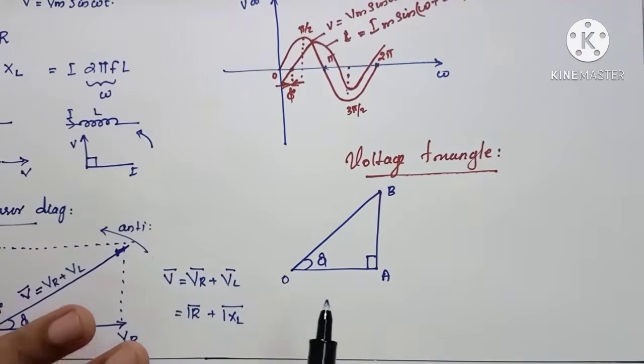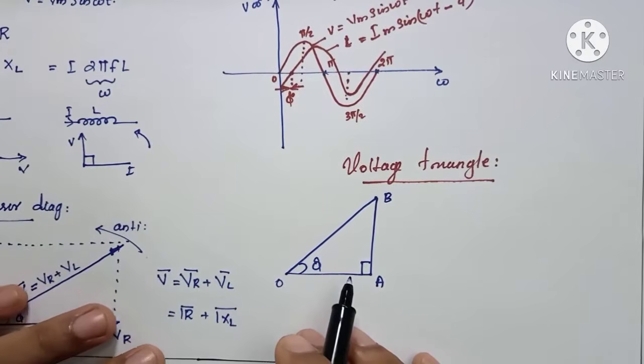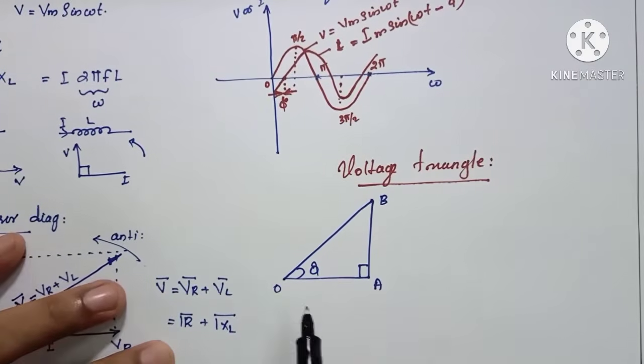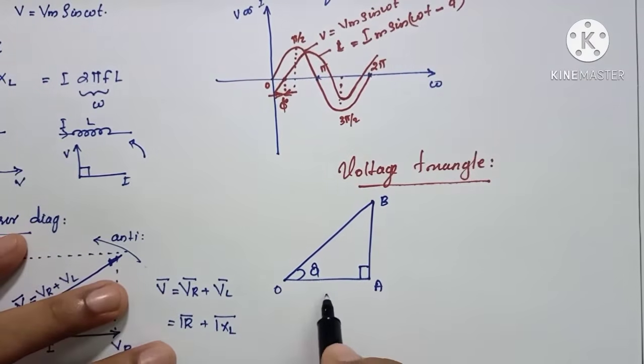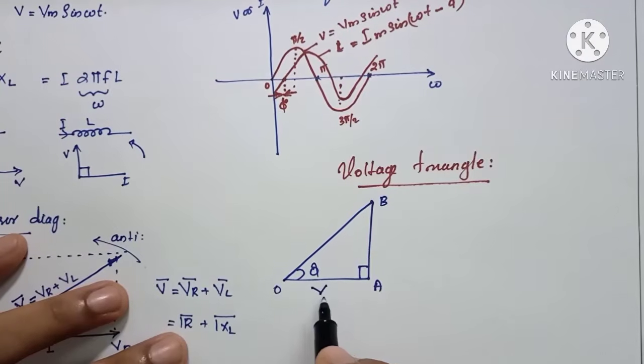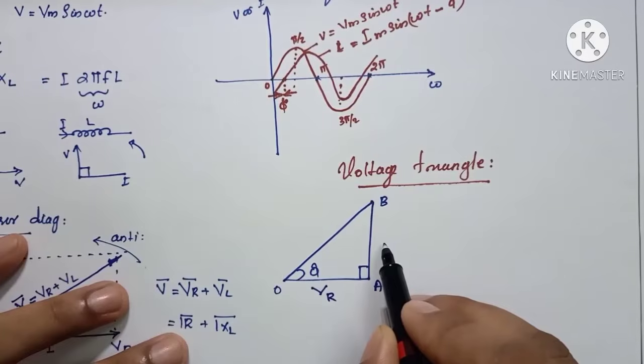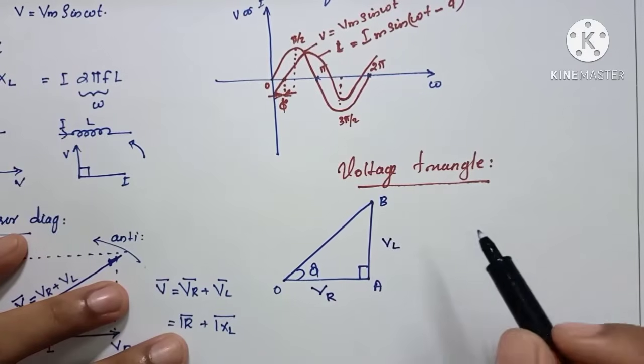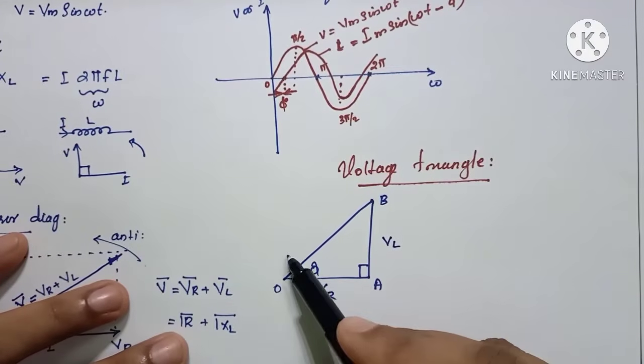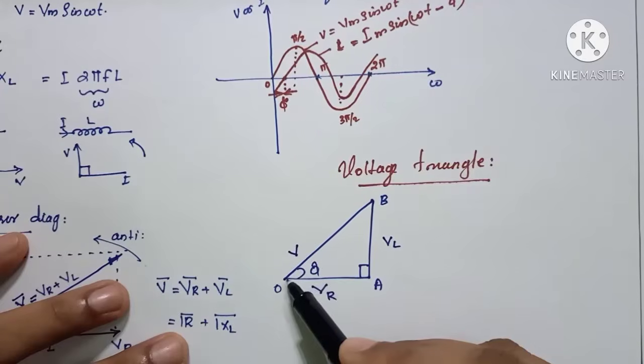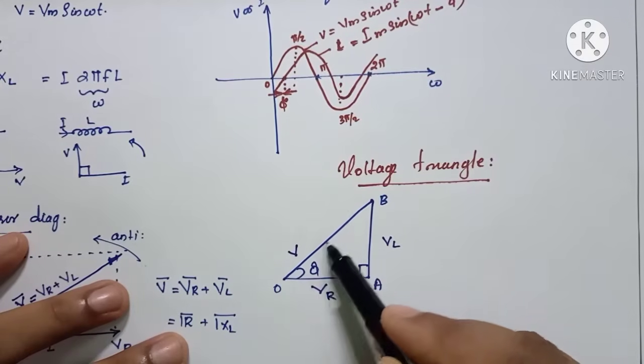Based on the factors that we studied here, we can represent the voltage across the resistor, that is VR, and here it will be VL, and the resultant voltage can be on this side.